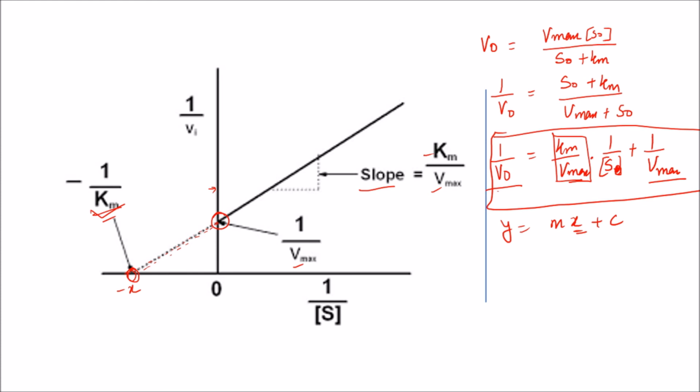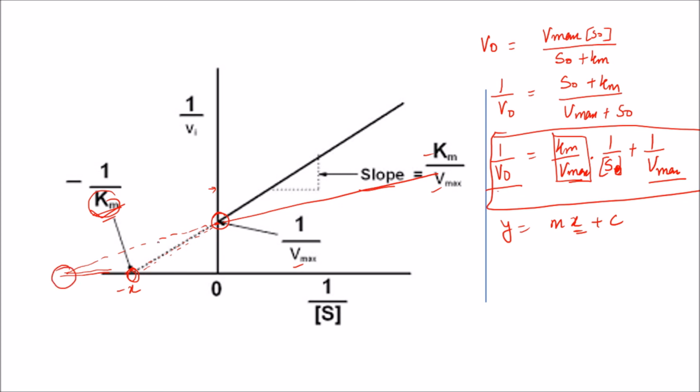But as in this universe nothing is accurate, nothing is perfect, so in the Lineweaver-Burk plot also there is one major drawback. Suppose here the graph is represented very small. If I have greater data, it may be possible that I get a more slanting graph, then to get the Km value I need to extend the graph toward the back side to minus 1 by Km so that it touches the minus x axis, and it may be possible that it goes beyond the graph paper.